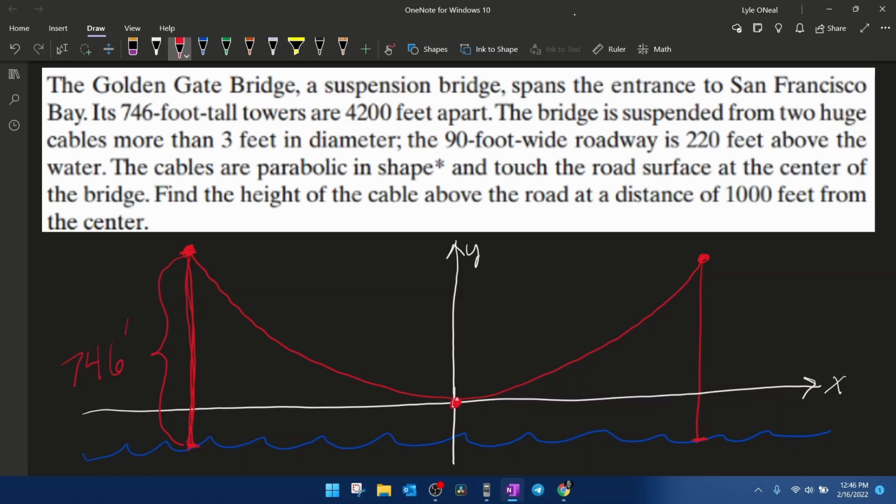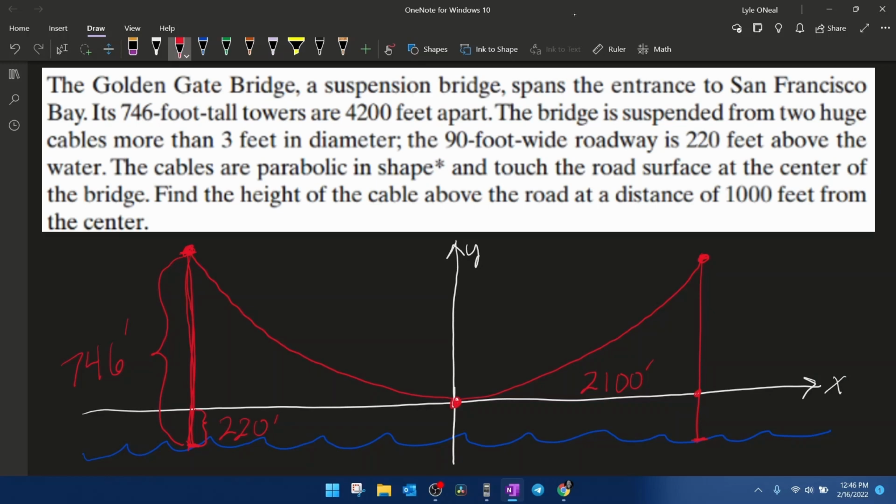We also know that the road surface above the water is 220 feet. And we're given that the towers are 4,200 feet apart. Since we located the vertex at the origin, that's going to split that distance in half. So the distance from the center of the bridge out to a tower is going to be 2,100 feet.